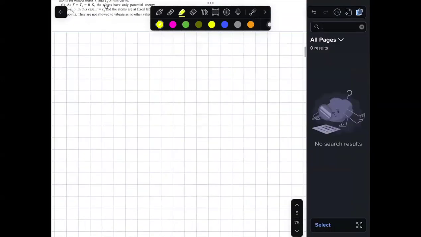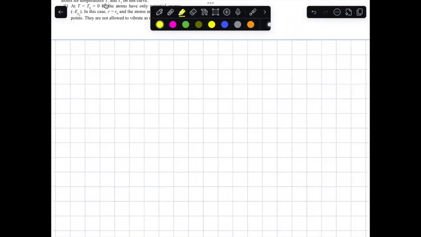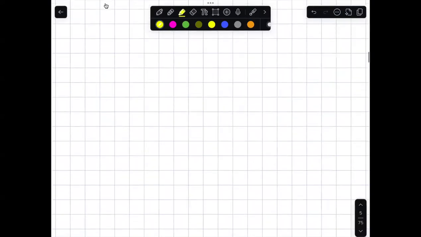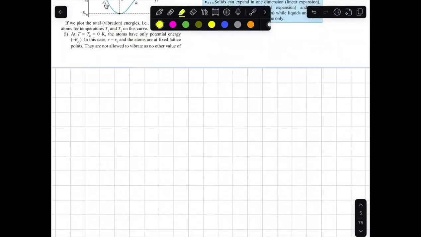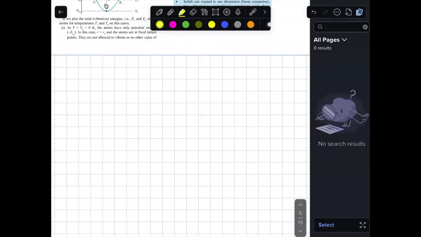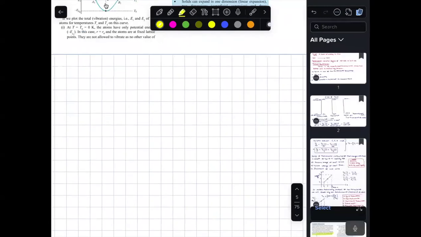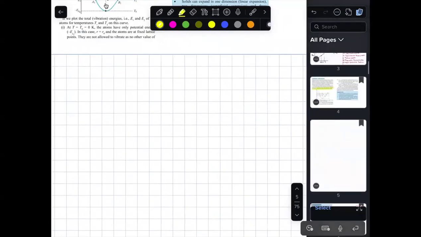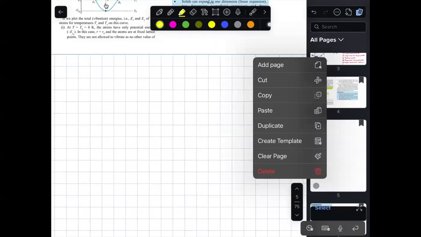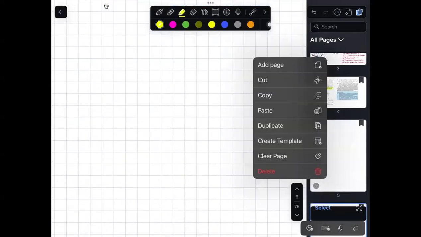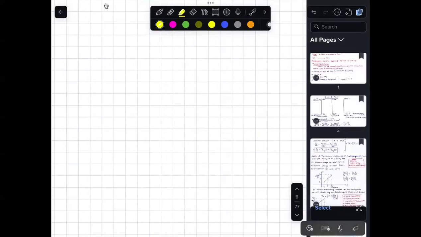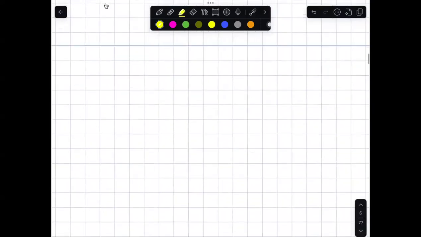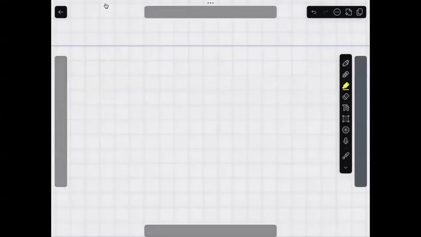Now, while I am dealing with this, we require some more information, or we need to learn something more related to this.